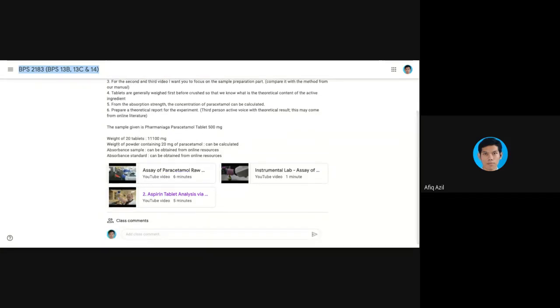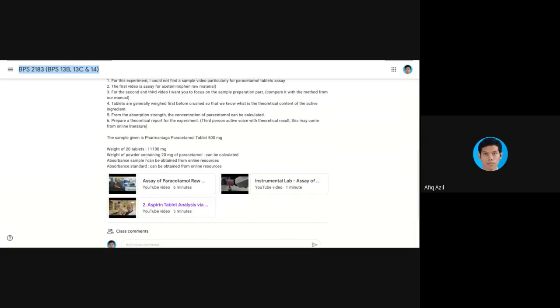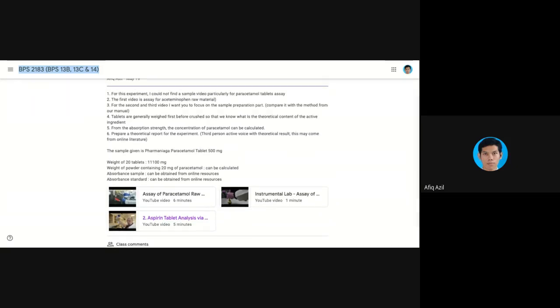But the absorbance of the sample and the absorbance of the standard, I want you to find from online resources. You can take values or results from the references, which could be at 244 nanometer or the other one, which is 257. So the absorbance can be used.